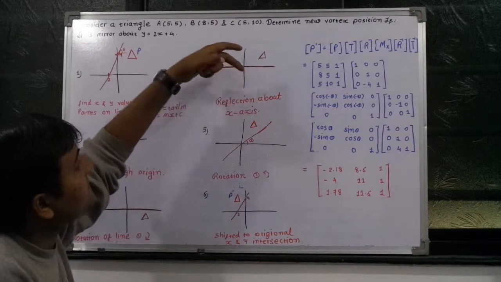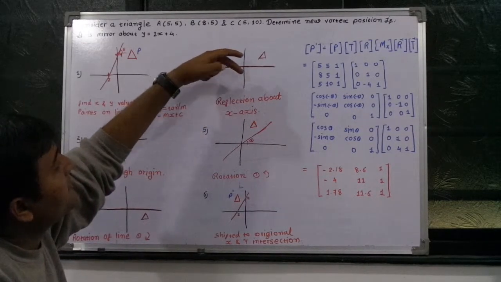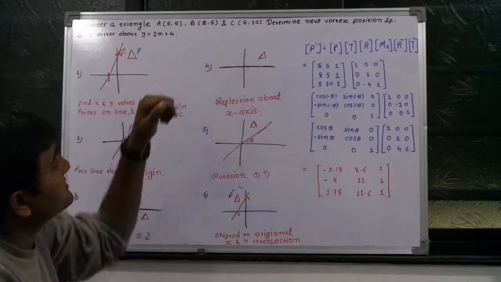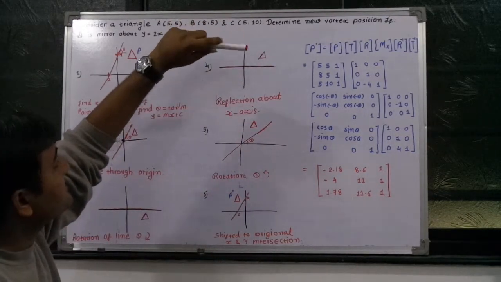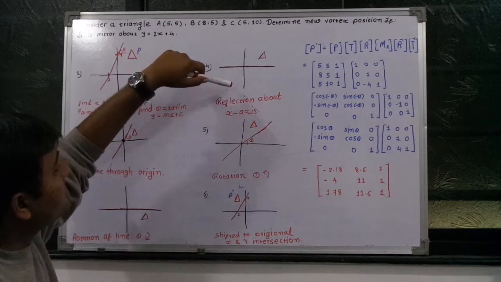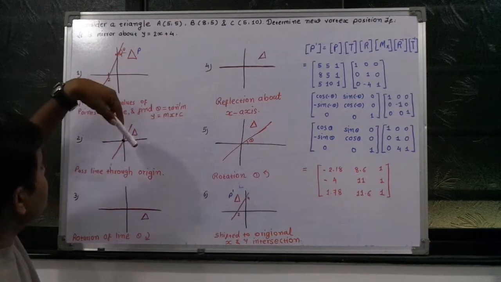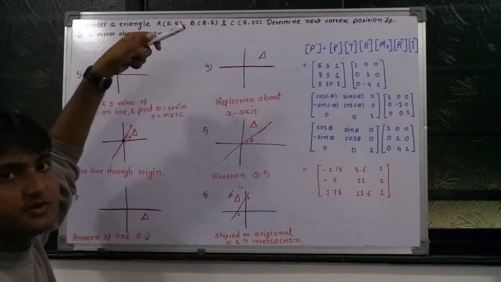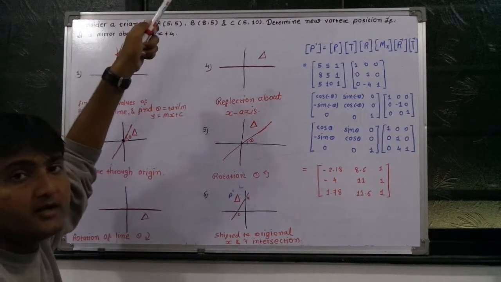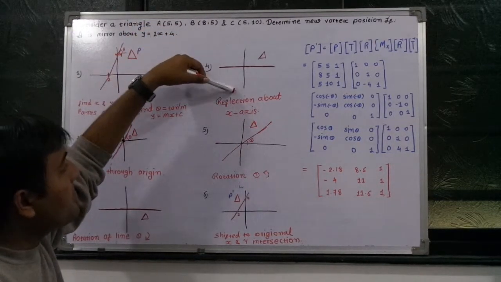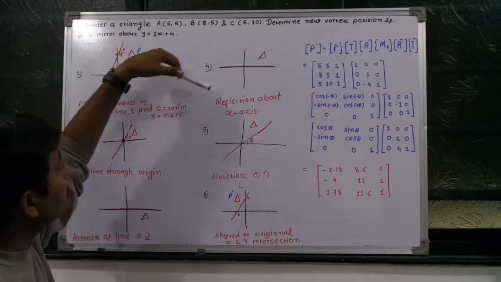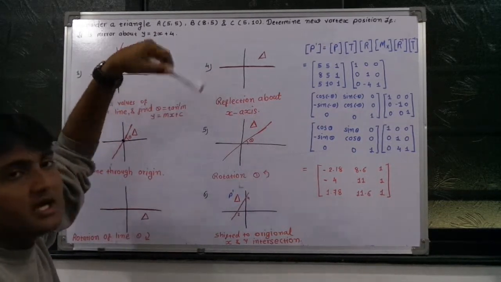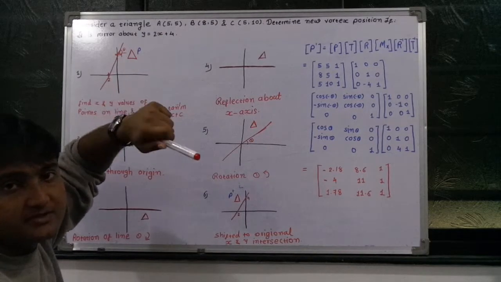Now comes the reflection of the triangle about the x-axis. For this purpose, for the reflection matrix and translation matrix, you need to refer to the GTU CAD playlist, the reflection MX matrix and T matrix. These are 2 different videos available inside the CAD playlist.